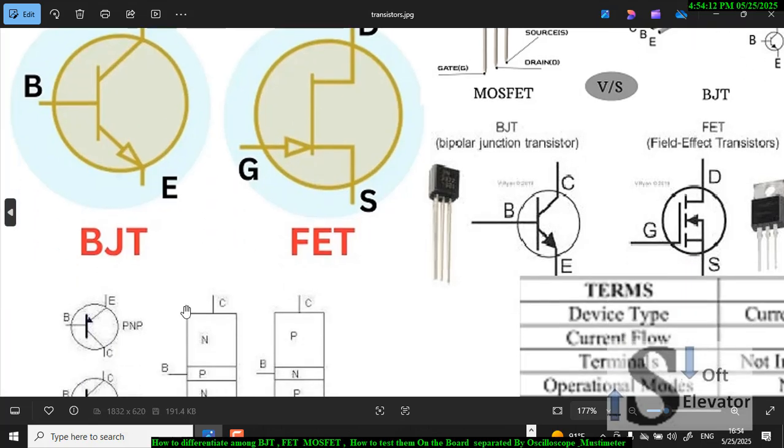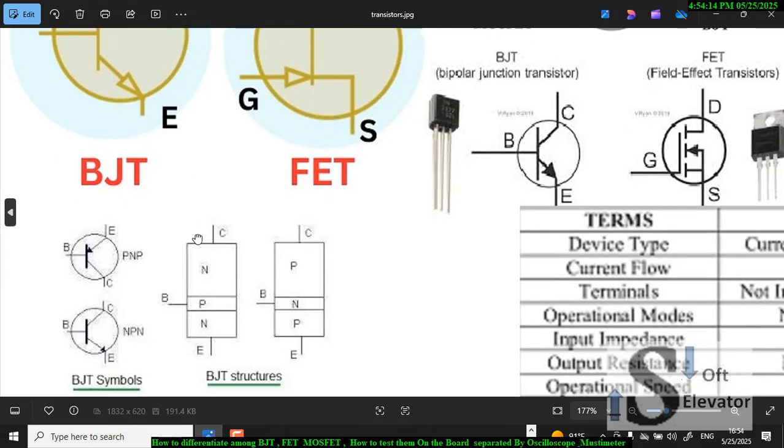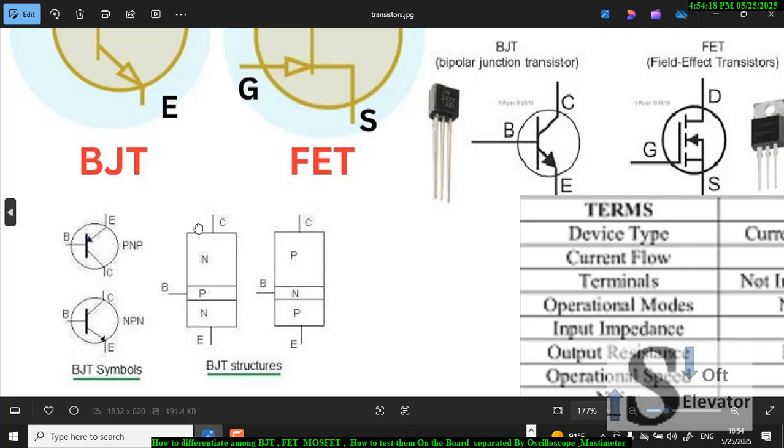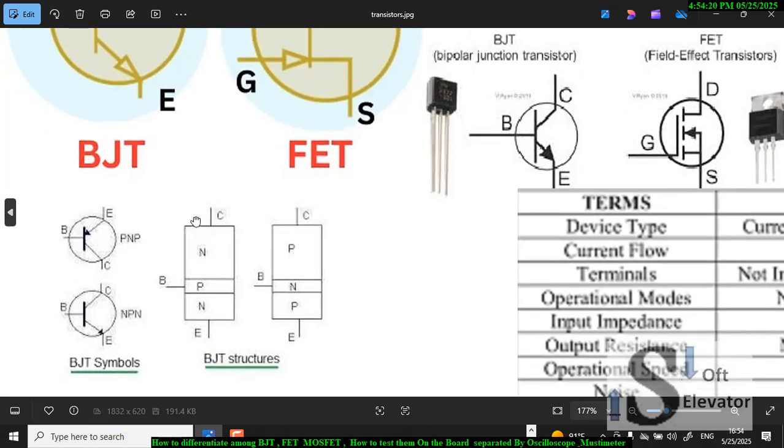So let's see how to test the BJT separately, out of the electronic board. You will loosen it and separate it and use the multimeter to measure it. So here we have an NPN junction, so this symbol is NPN.